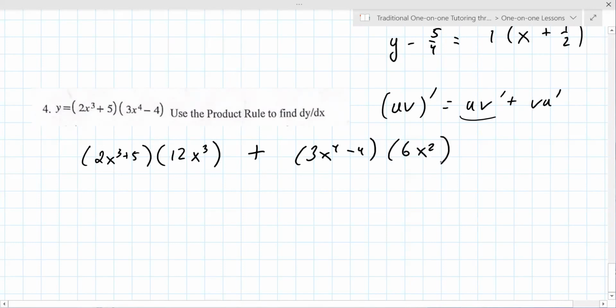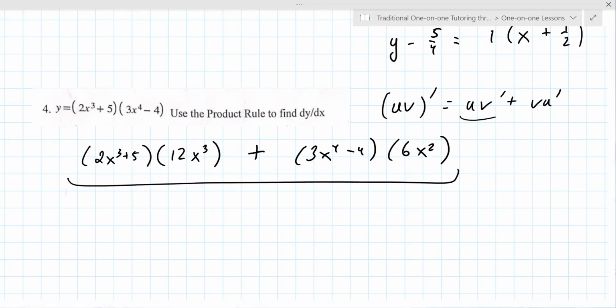Perfect. Now I can simplify. So do you distribute the 12x cubed to both of those? I would just leave this. This is just kind of an in-between problem. You can just leave it like that.